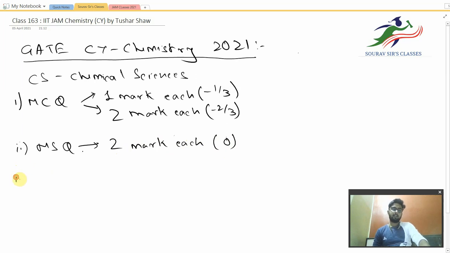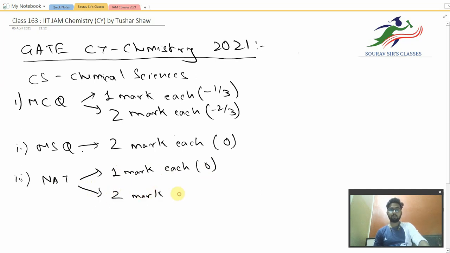And the last part is NAT type questions, which comprise two types. Firstly, 1 mark each, which have negative mark 0, and 2 mark questions that also have negative marks equal to 0. So these three have no negative marking.